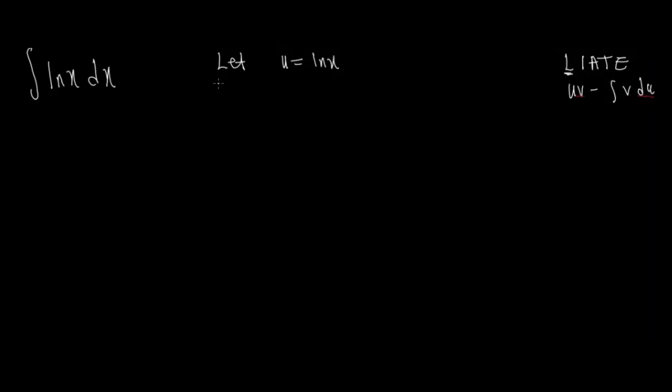So after letting u become ln x, you're going to say du dx is equal to, what is the derivative of ln x? It is 1 over x. So you need to make du the subject. So you'll have du is equal to 1 over x times dx.